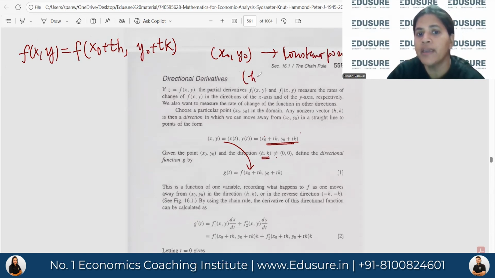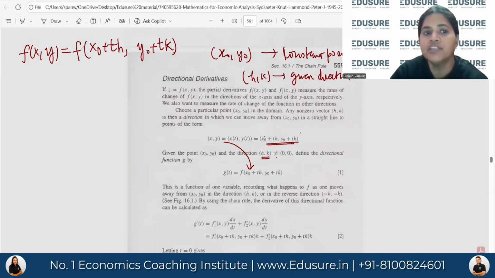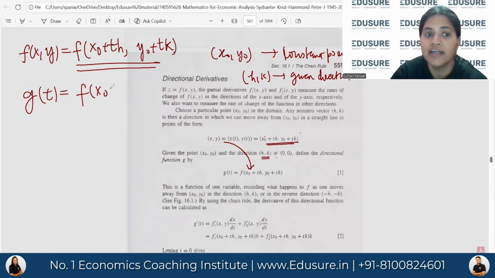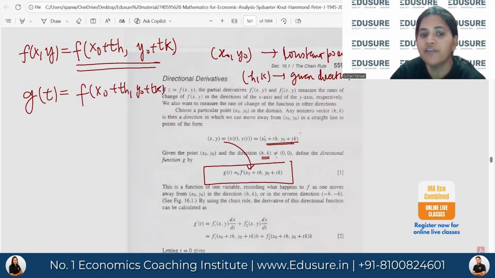And h comma k is a given direction, so it also does not change. Therefore this becomes a function of t, and that is known as the directional function. It is a function of one variable t, because I've already told you that x naught, y naught, h comma k are constant.